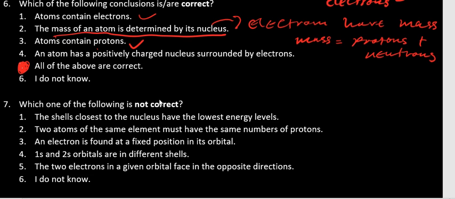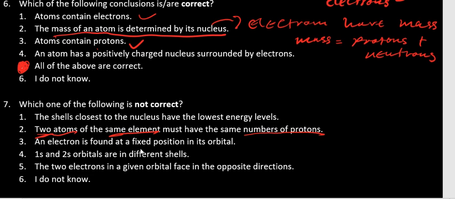The next one, which one of the following is not correct? The shells closest to the nucleus have the lowest energy level. Two atoms of the same element must have the same number of protons. Two atoms of the same element must have the same number of what?